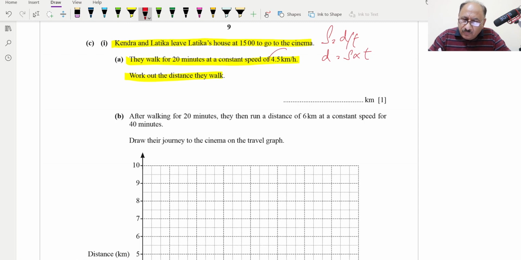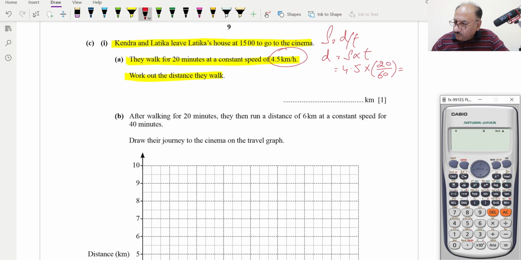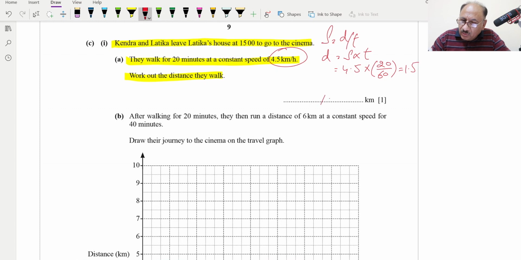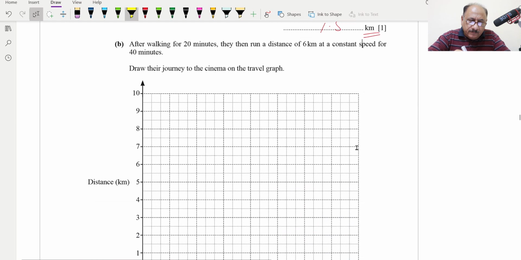Speed is 4.5, and time is 20 minutes, which we need to change into hours by dividing by 60. So 4.5 multiplied by 20 divided by 60 will be equal to 1.5. So the distance is 1.5 kilometers. That is a 1-mark question which we have done.